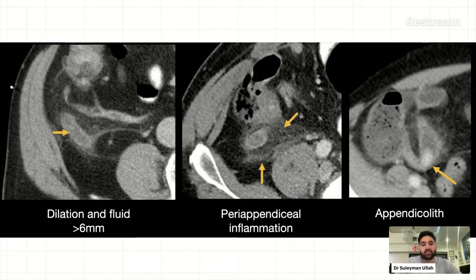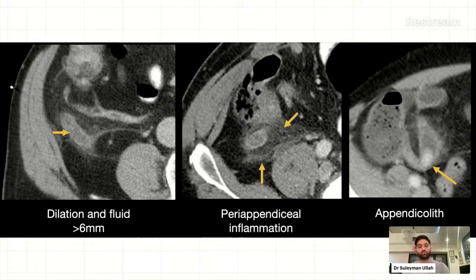Fat stranding is a sign of inflammation around the affected organ, in this case the appendix. There's inflammation which is spreading to the fat and causing this stranding appearance. That is another thing that's characteristic of appendicitis, but it is not exclusive to appendicitis.